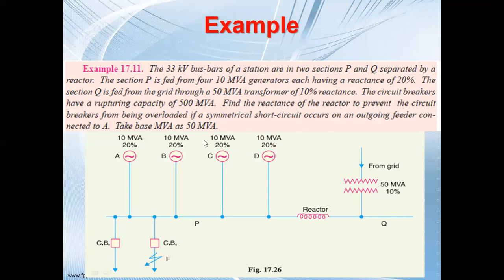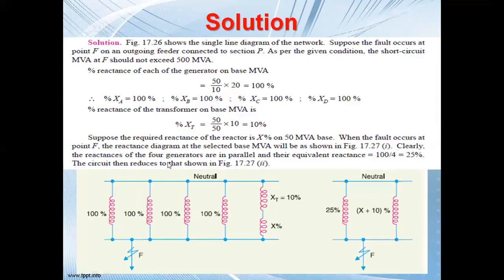So now you see that 50 MVA is the base. We need to first convert all these reactances into 50 MVA base. For this transformer, 50 MVA is the base, so we should not change this. The reactance of the reactor we don't know, it is X, we have to assume and calculate later.